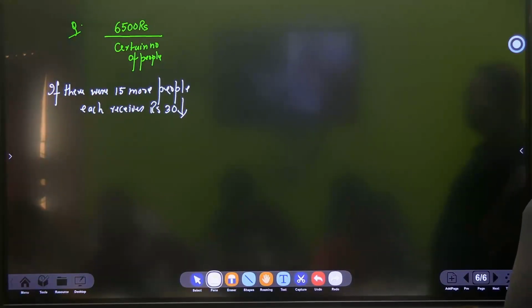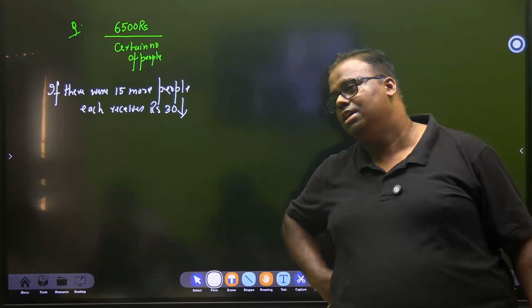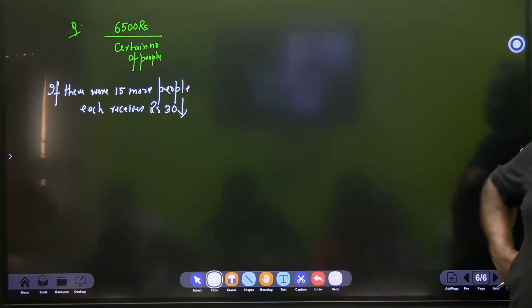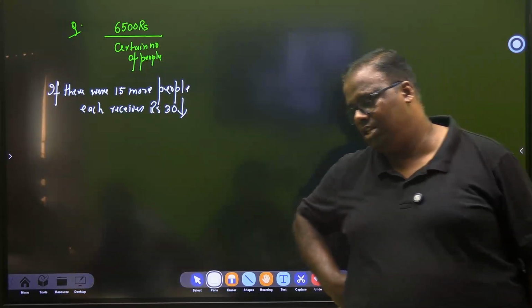So initially people are getting how much money? 6500 by x. So 6500 by x minus 6500 by x plus 15 is equal to 30 rupees. That is the equation.